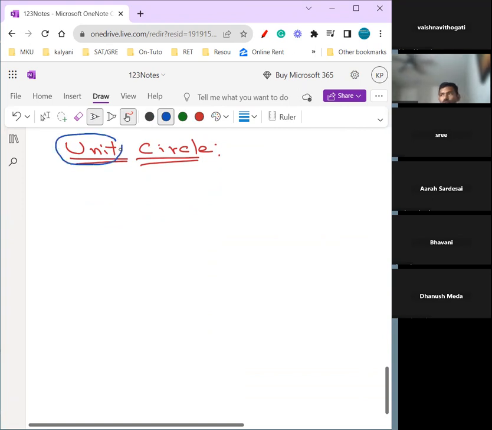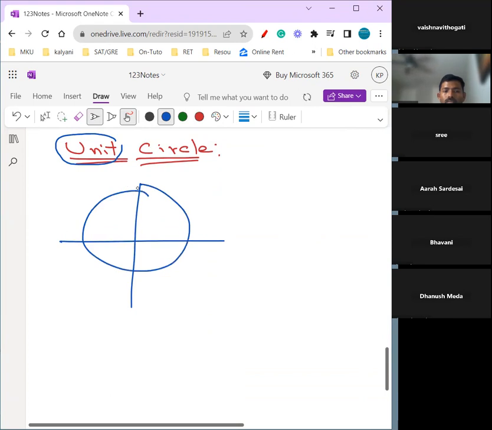Unit means like one. So let's say if I draw a circle, it's 1 unit all the way. 1 unit here, 1 unit here. That's what's called the unit circle. Let's say this is going to be 1, 0, and this is 0, 1, like that.